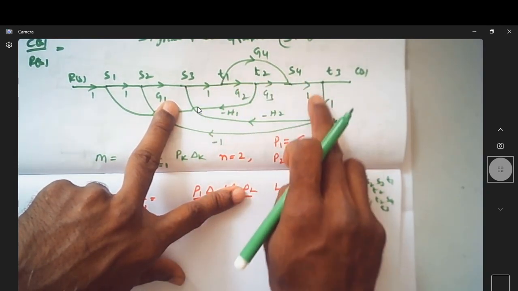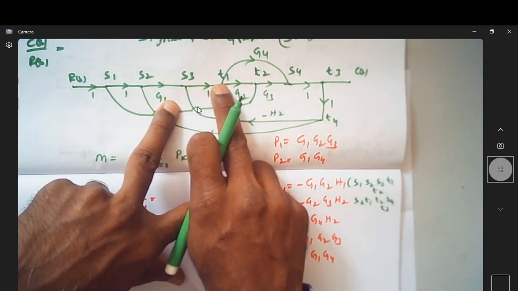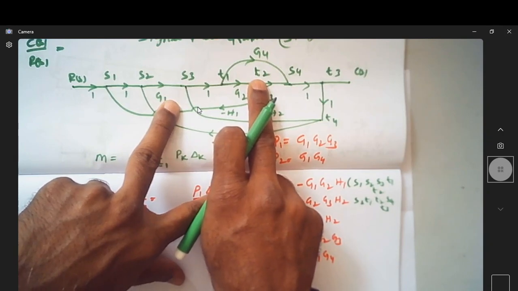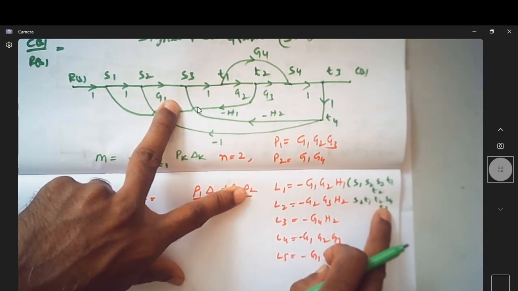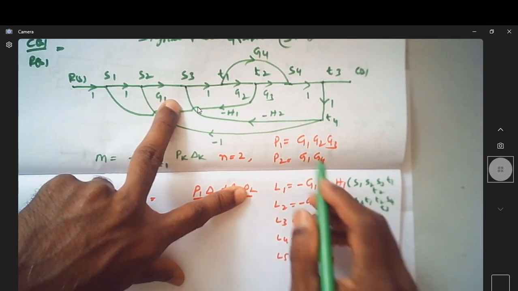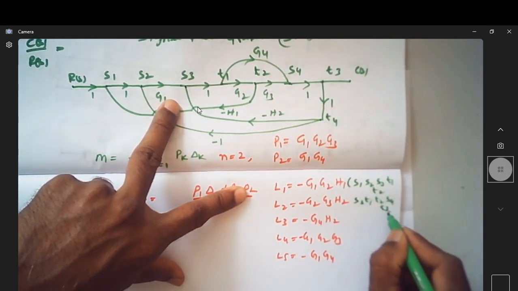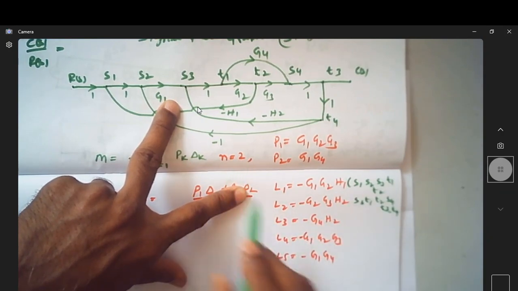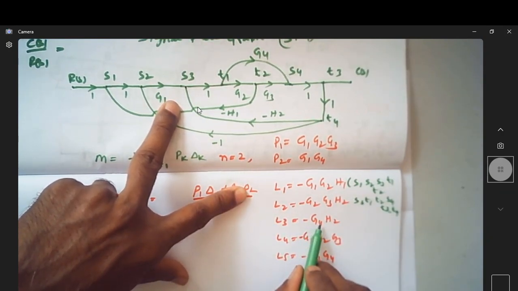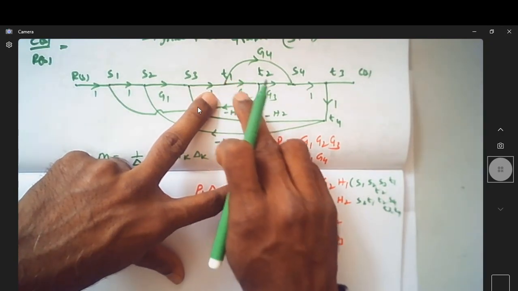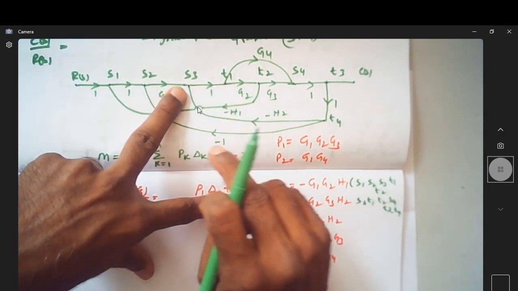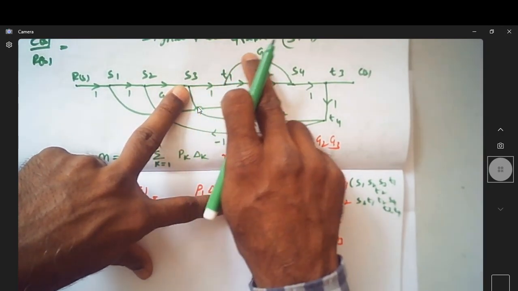I am just writing the nodes associated with that. Of course, do we have this T4 also, because T4 is also coming. Then what is G4, H2? You can start from here, go like this, go like this.